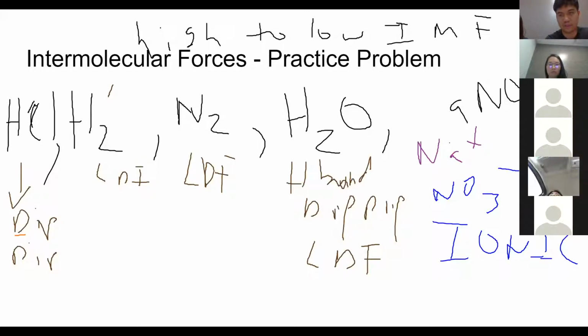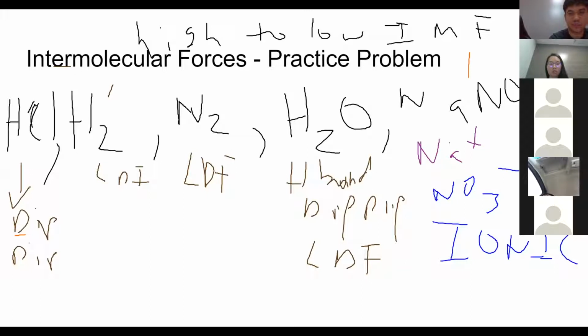It would be the one with sodium nitrate, because it has the highest IMF, which is ionic. So sodium nitrate will be number one.